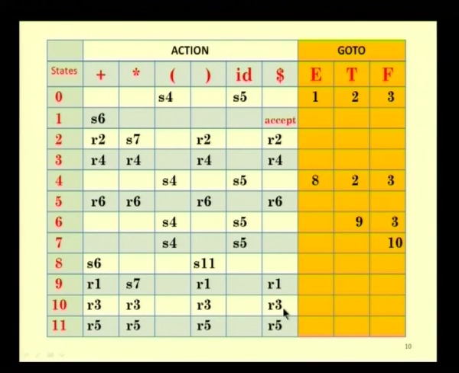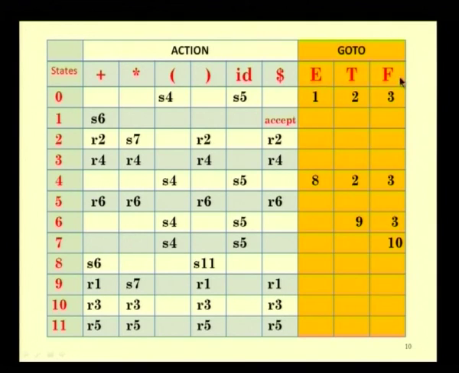Finally, F derives open bracket E closing bracket is production number 5, and we have the entries for 11 comma plus, 11 comma star, 11 comma closing bracket, and 11 comma dollar. And 1 comma dollar is accept because E dash derives E dot is in state number 1.